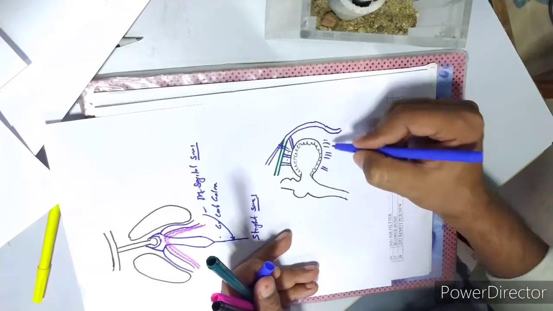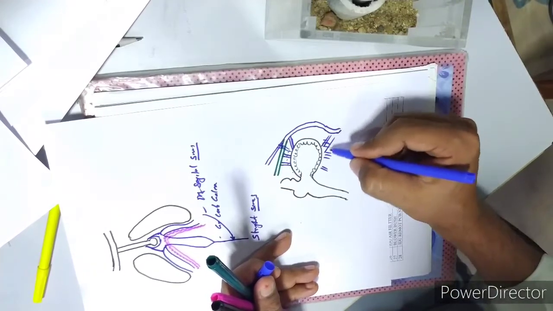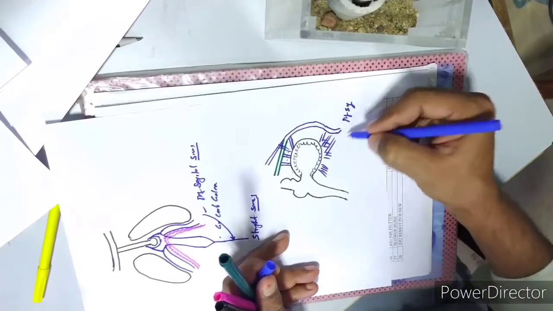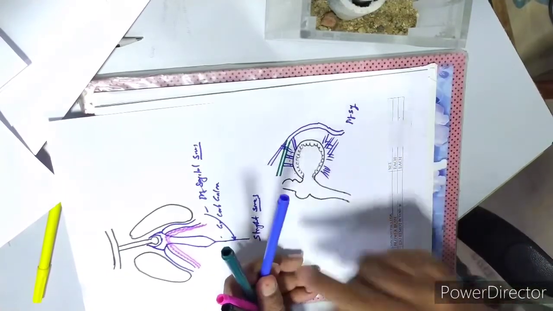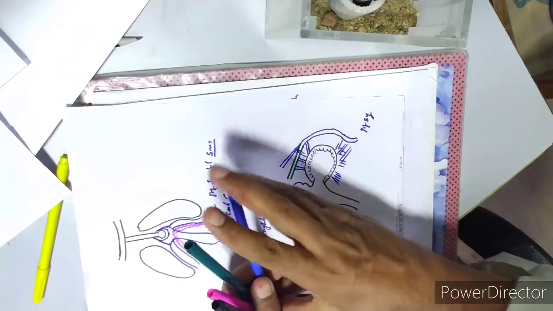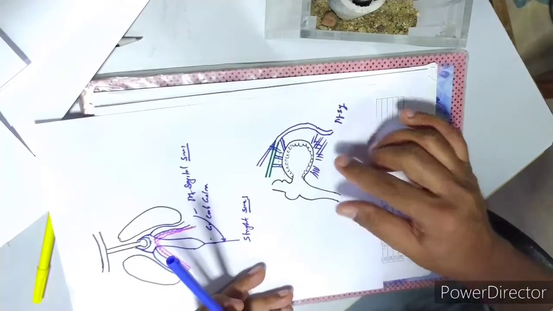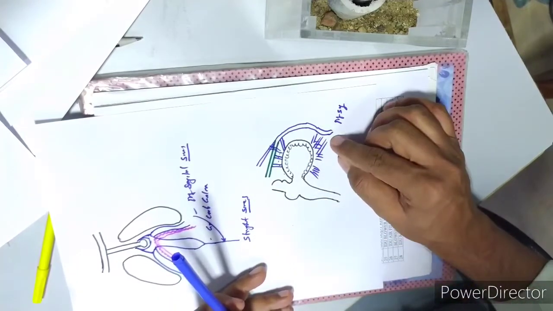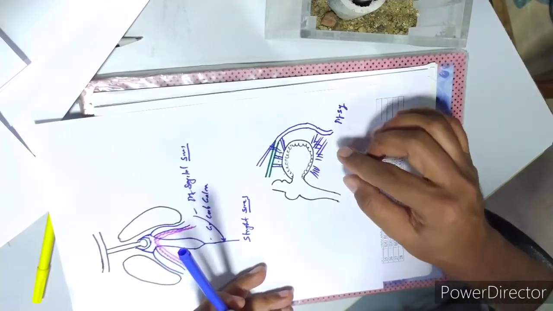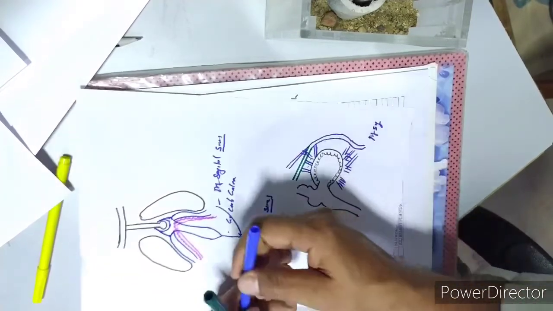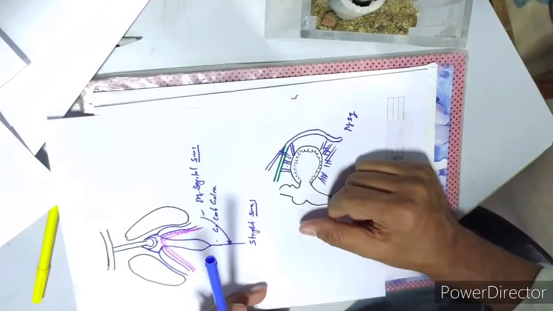So mostly they drain into the sigmoid sinus, because the sigmoid sinus continues with the internal jugular vein. It is also communicated with the cavernous sinus through the inferior petrosal sinus. So the lower surface of the cerebellum drains into the inferior petrosal sinus.